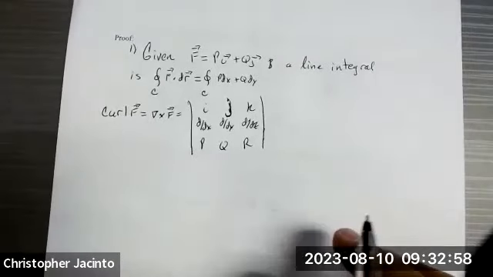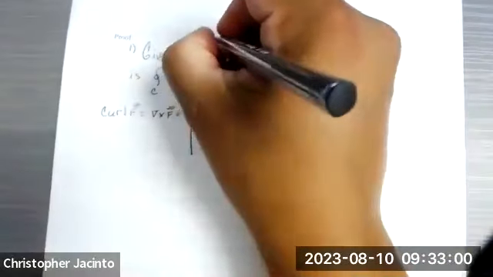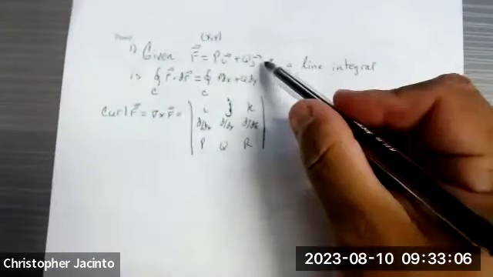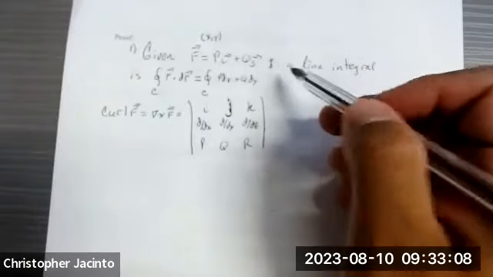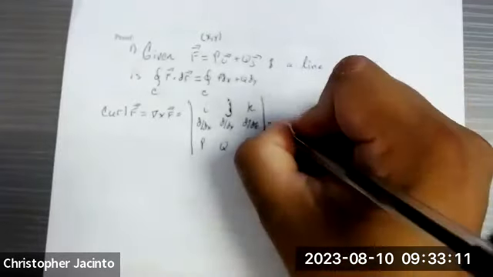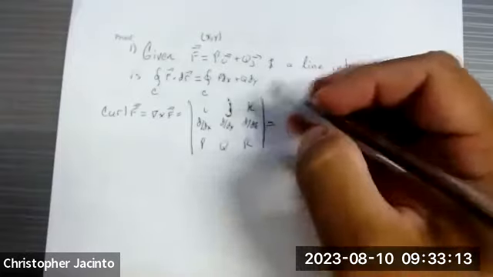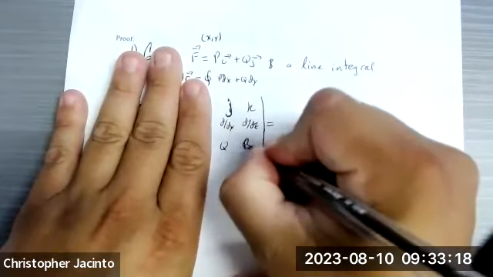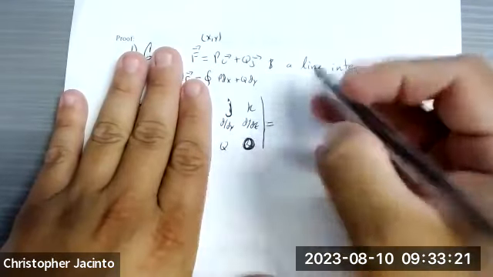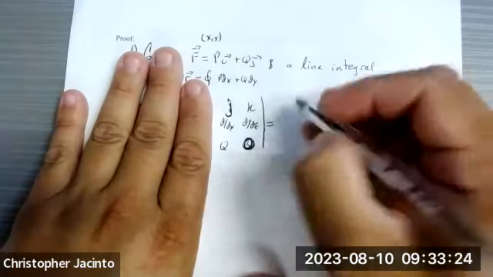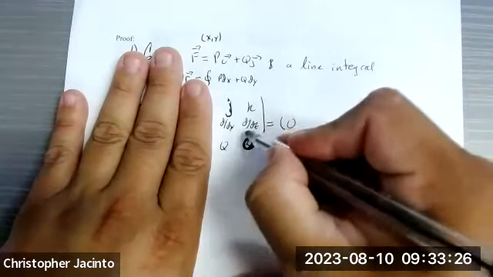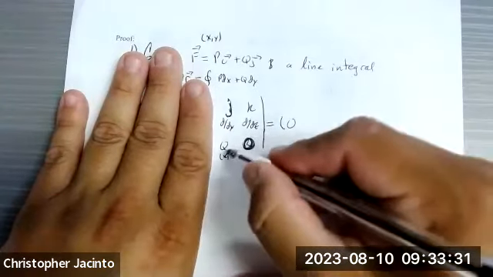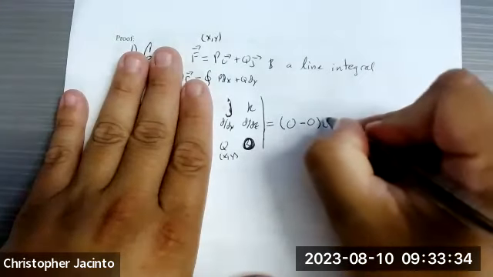Remember, our vector field is only in terms of X and Y. Because we don't have an R component, right? It's just i, j. There's no k there. So remembering that when we do our derivatives, it's going to be, oh, actually, this is 0, sorry. There's no k. The derivative with respect to y is just going to be 0 because it's 0. Now this one is only in terms of X and Y. So the derivative in terms of Z is also going to be 0.